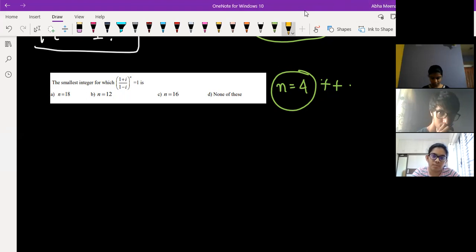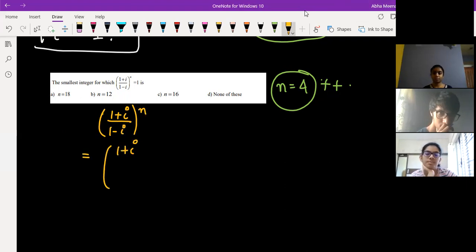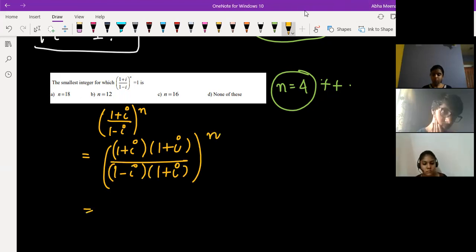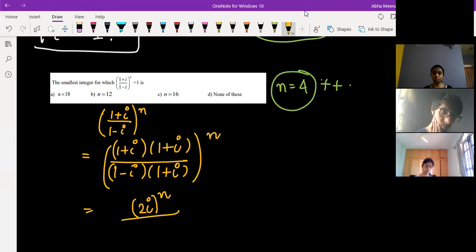Now the smallest integer for which (1 plus i by 1 minus i) to the power n, as we have done in the previous question, multiply and divide by 1 plus i. Rationalize it. So (1 plus i) whole square is nothing but 2i by 2.